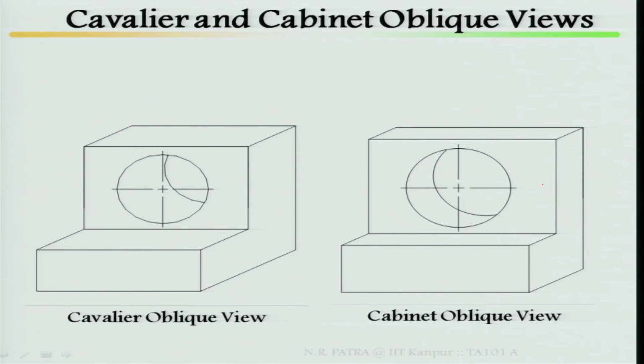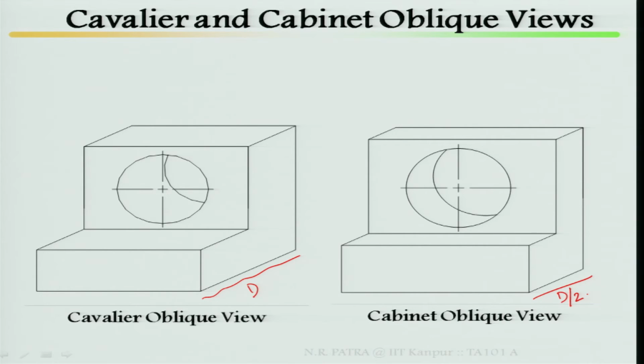Look at how your cavalier oblique view and cabinet oblique view look. The same object in cavalier has the actual real figure dimension in depth, but here the actual depth dimension has been reduced to half.